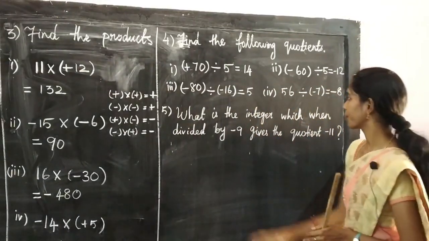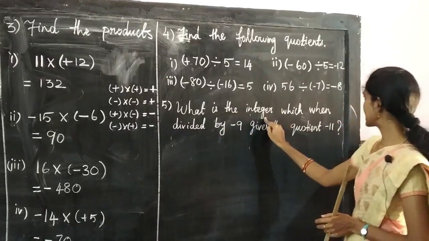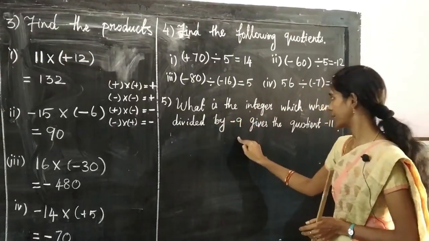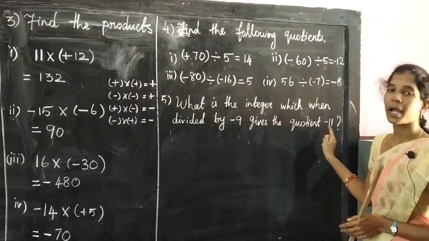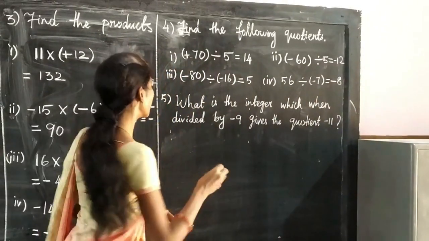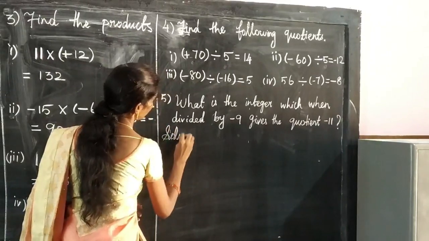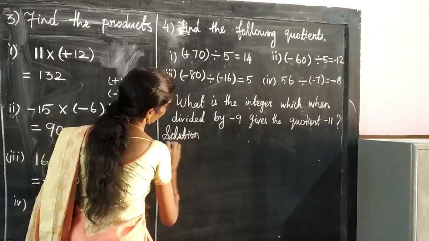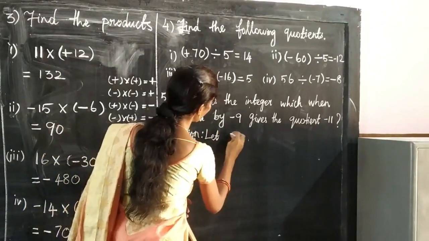Okay. Next, what is the integer which when divided by minus 9 gives the quotient minus 11? We don't know that integer, so let the required number be x.